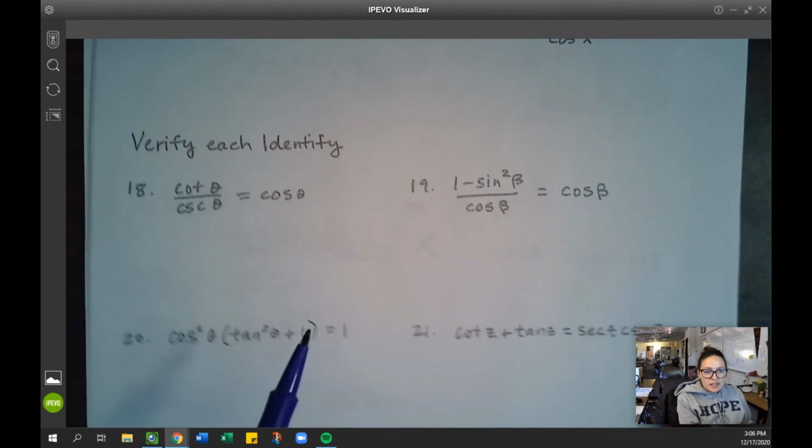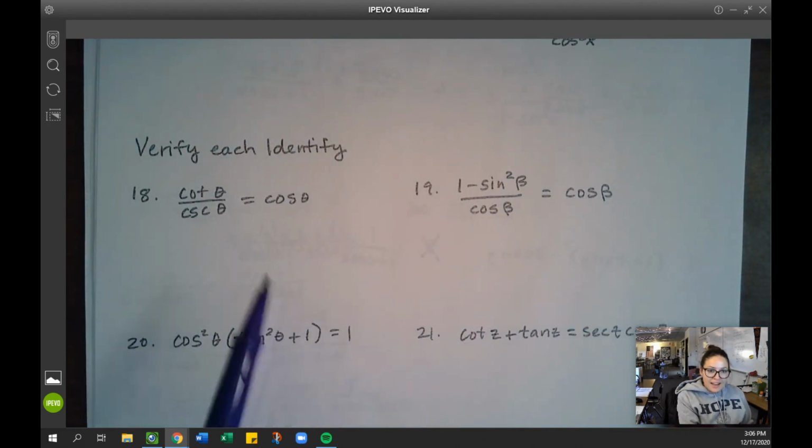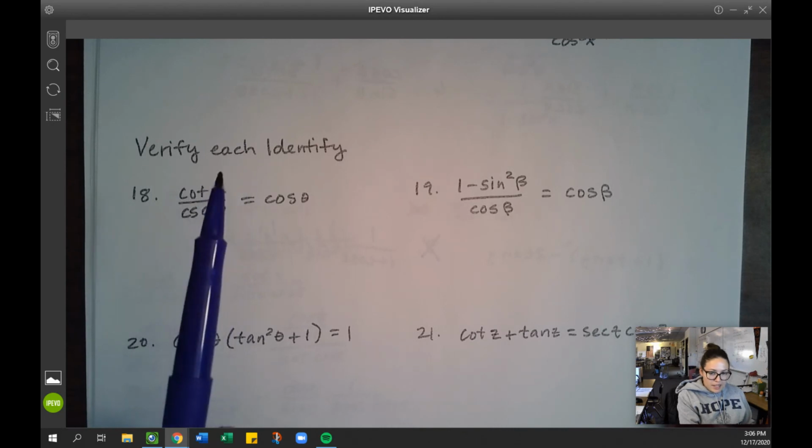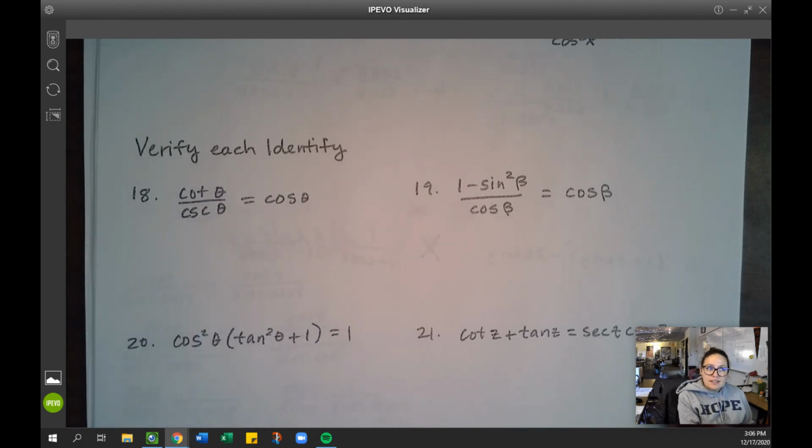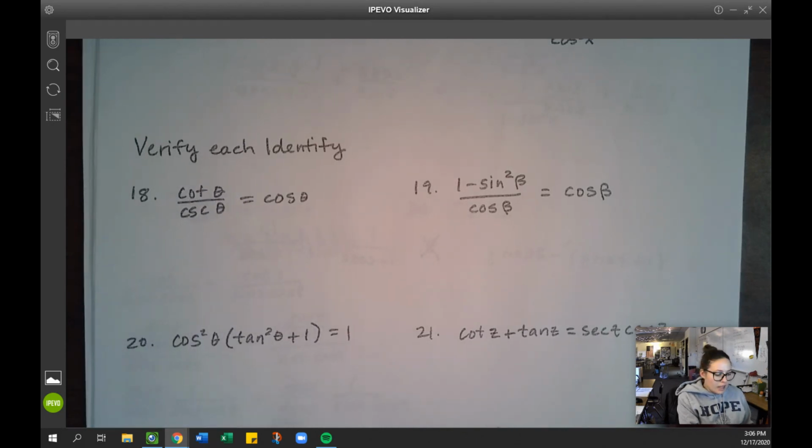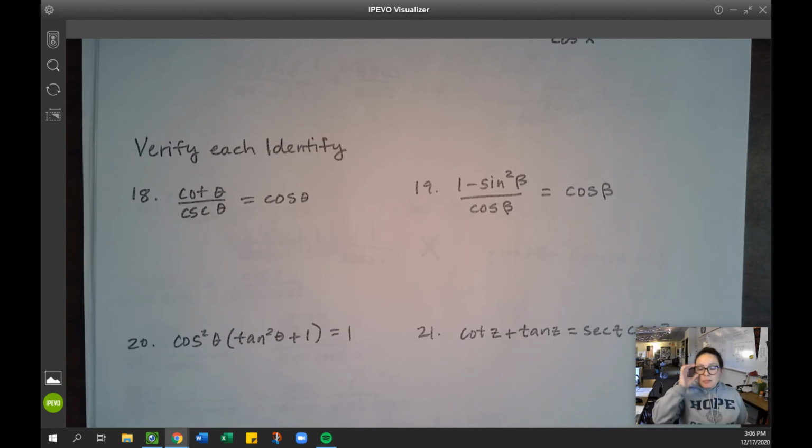The last ones are where you are verifying. That's like the examples that we just did together. So that's what you're working on for me before we come back to school on Monday.